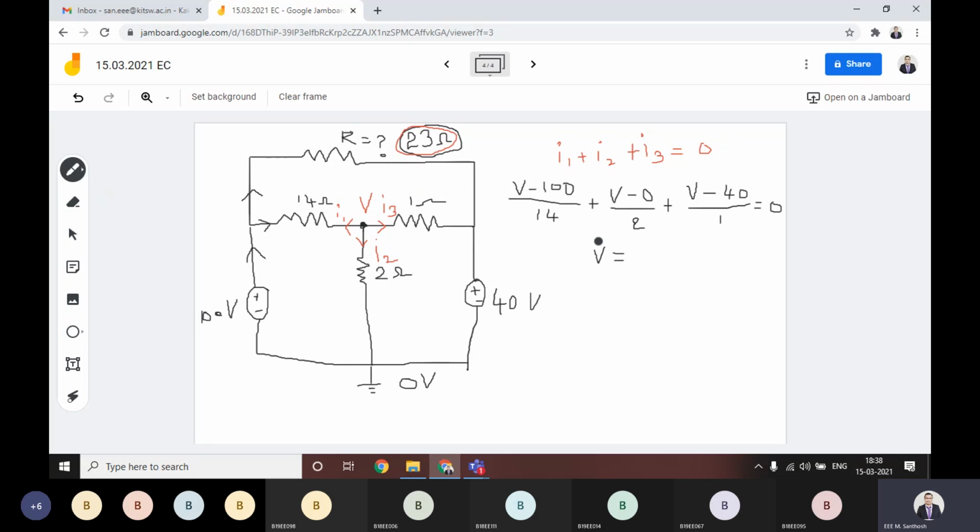I am getting 30 volts. Is it correct? To solve this equation, I am getting V equal to 30 volts. Is it okay? Are you getting any other value?